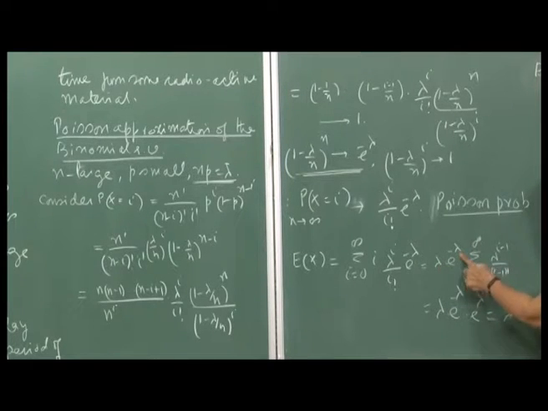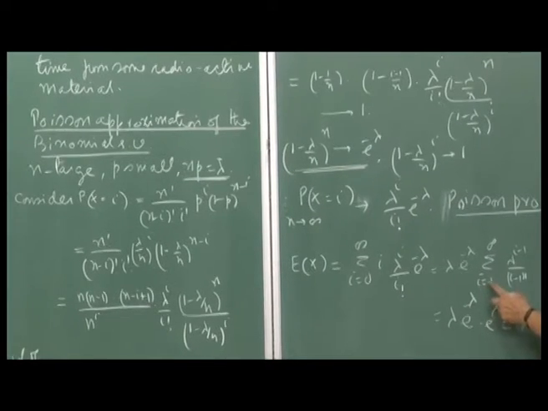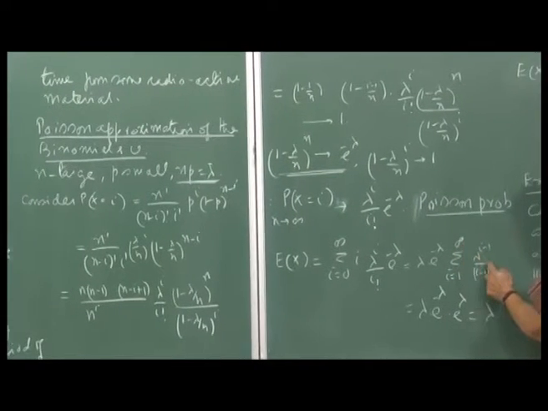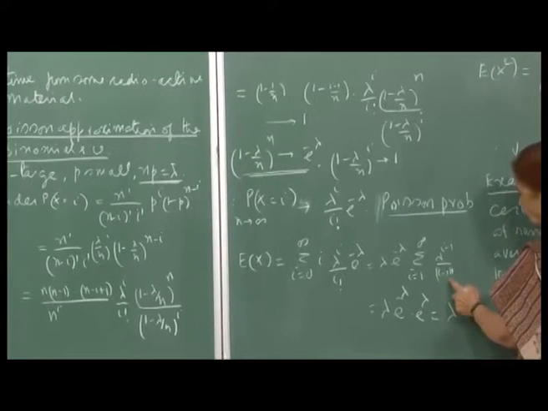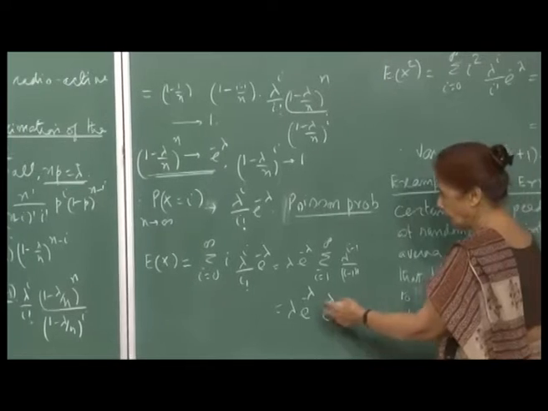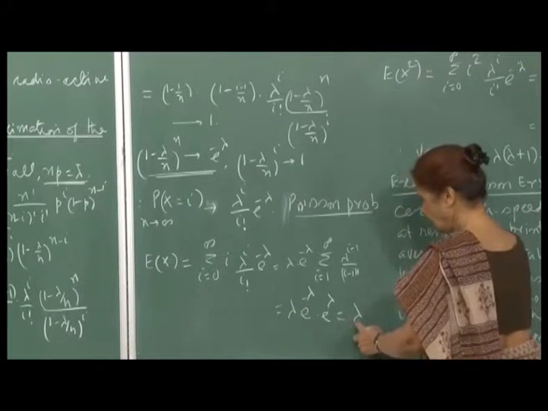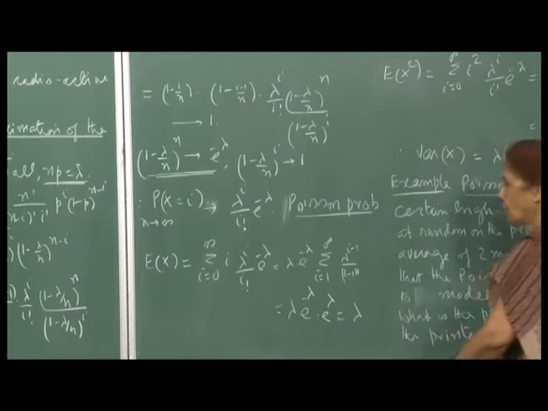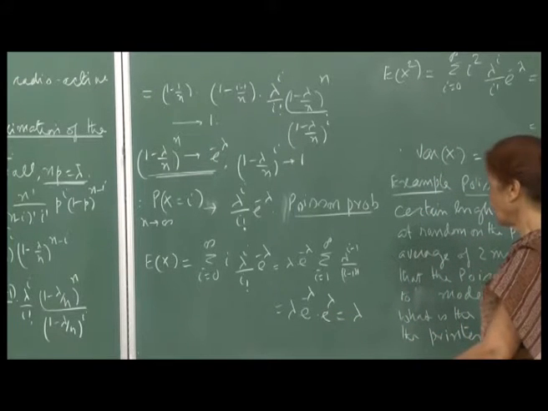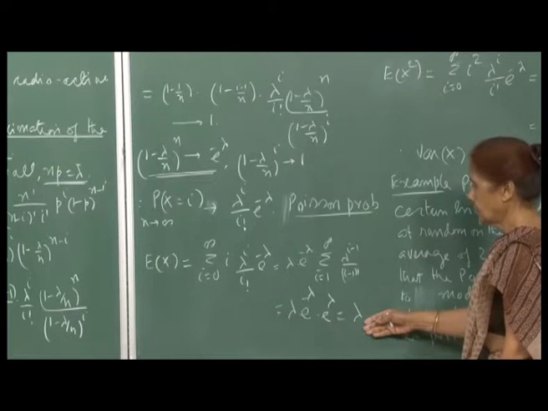So, lambda e raised to minus lambda you take outside, then the summation becomes from 1 to infinity lambda raised to i minus 1 upon i minus 1 factorial, which is again the expansion of e raised to lambda. So, lambda e raised to minus lambda into e raised to lambda gives you lambda. So, whatever the parameter of the Poisson distribution, that is also its mean. Okay.